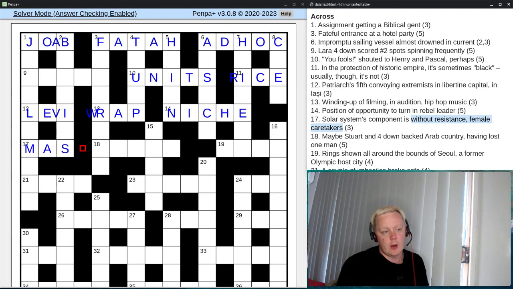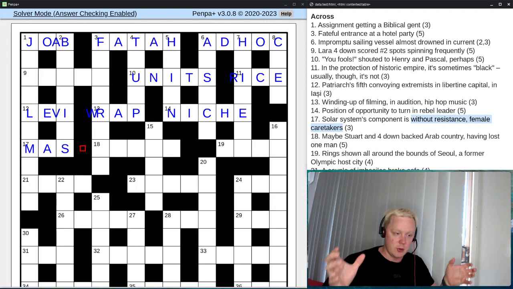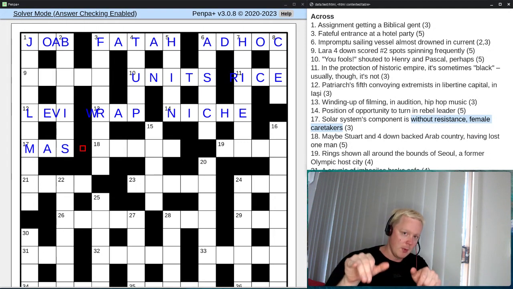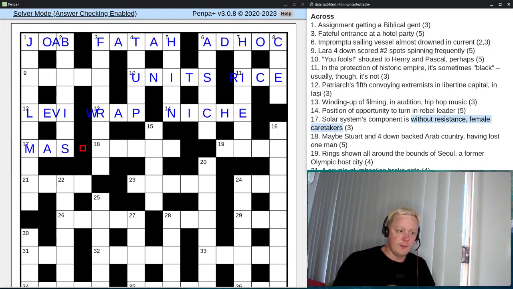And without now is a weird word because something is without something. It has a meaning in the dictionary of being on the outside of something. So if you interpret it that way, without, on the outside of the R for resistance, you get the word Mars again. And that spells out MARS. So MARS is a valid solution for this clue as well.